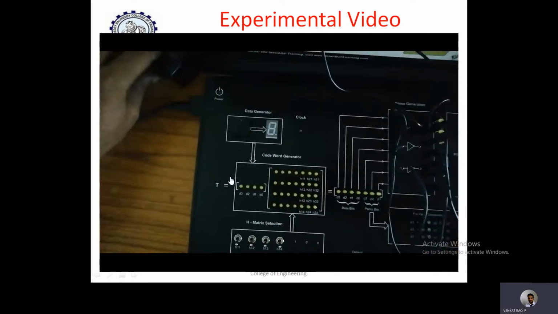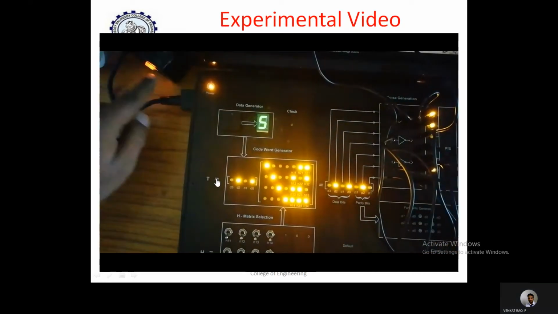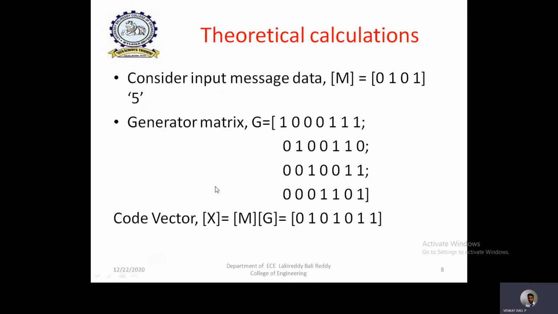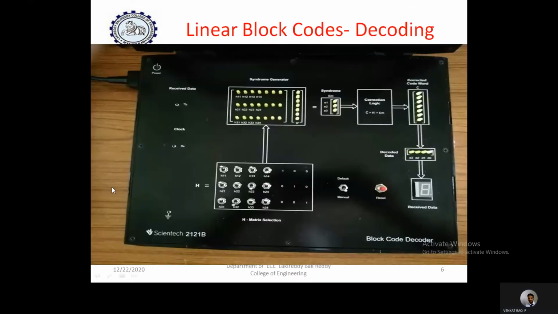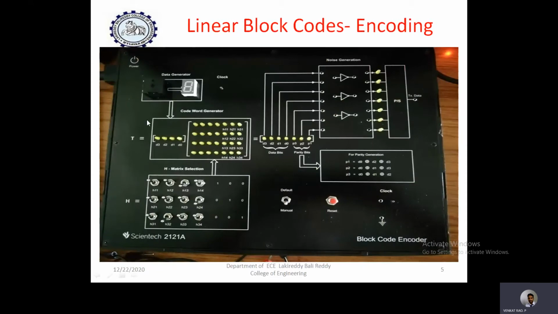Now this is the experimental kit. Before that, just verify the block diagram of the experimental kit. This is the block diagram for encoding. In this, first the data is generated from this 7-segment display. For example, here this 4 or number 5, from number 0 to number 9 we can generate.